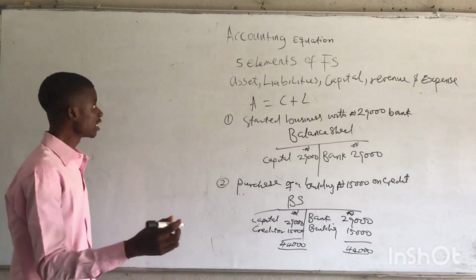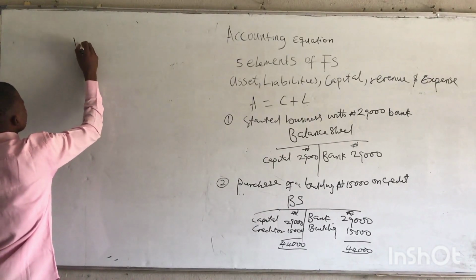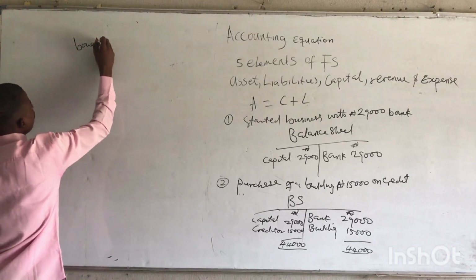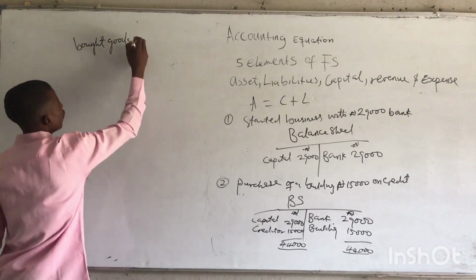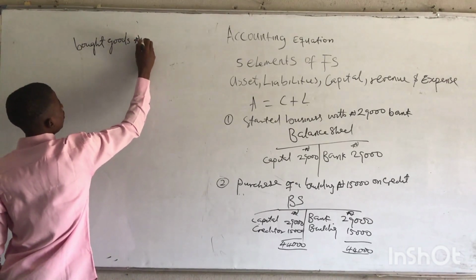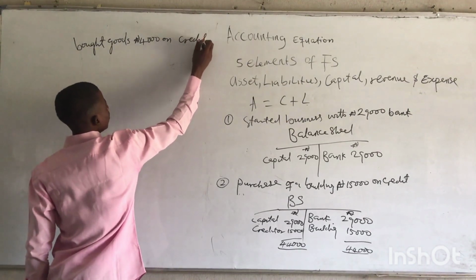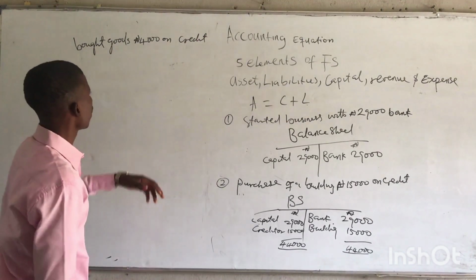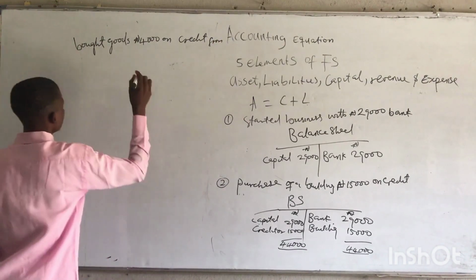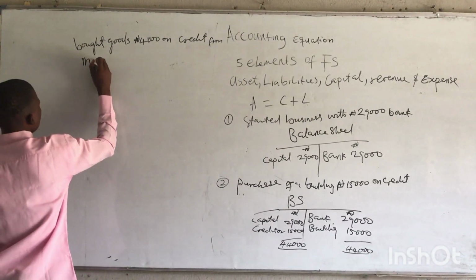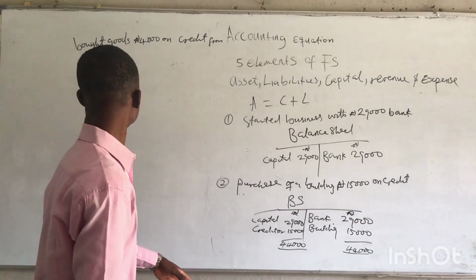Assuming another transaction says bought goods, 4,000 naira, on credit from Mr. P. Now, how is the transaction going to appear in the balance sheet?